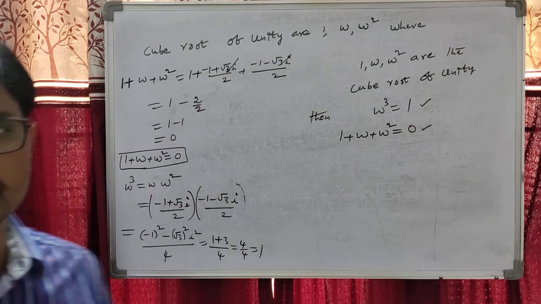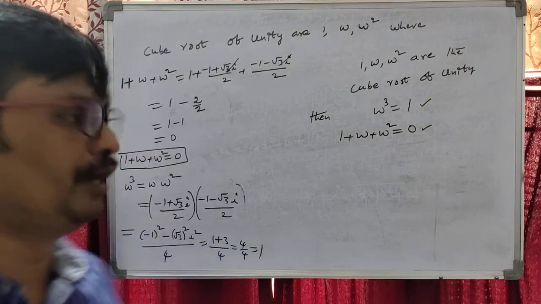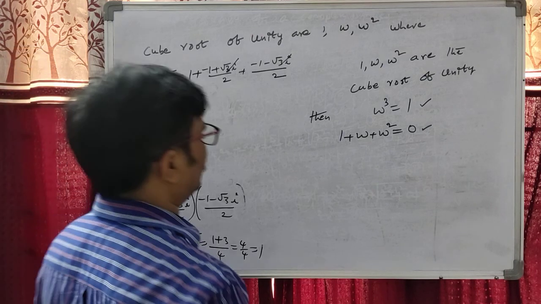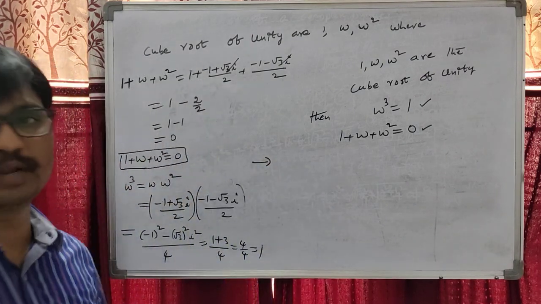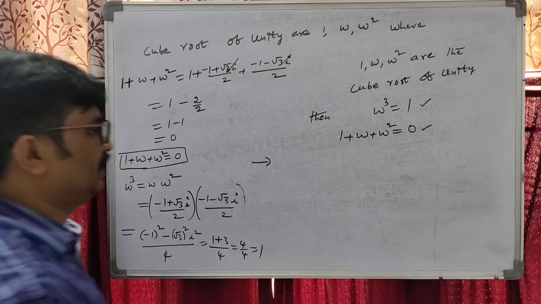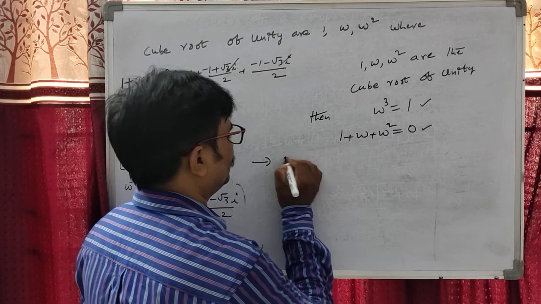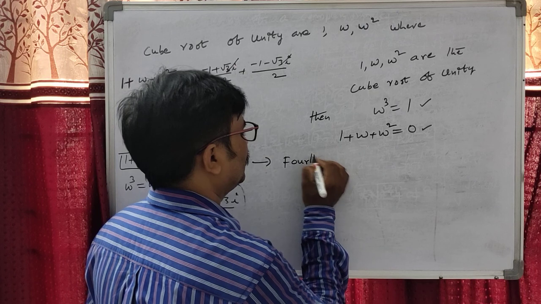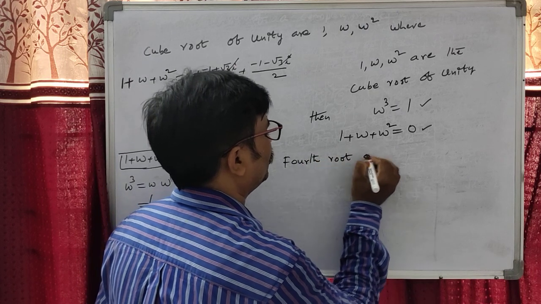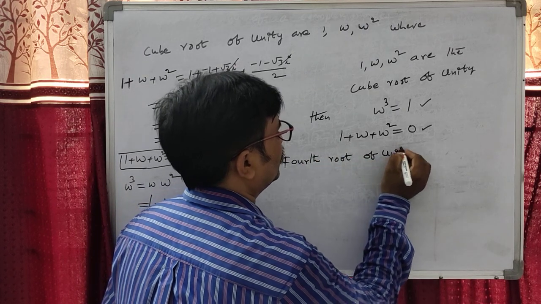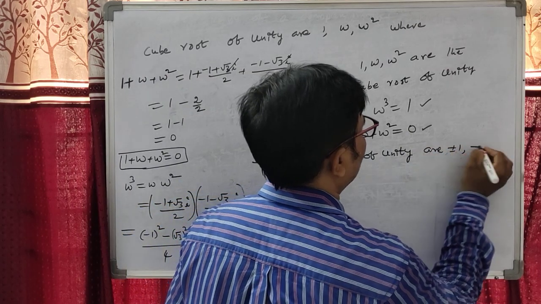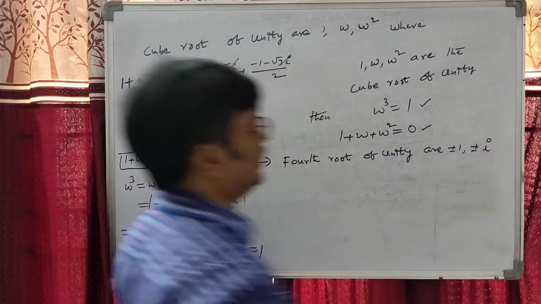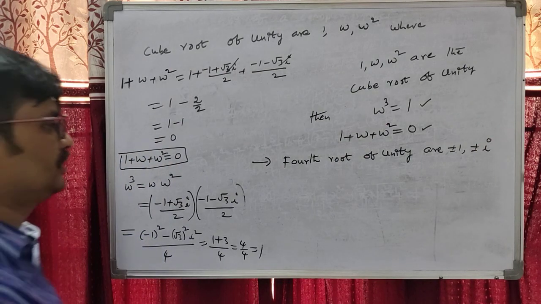Okay students, now the fourth root of unity. The fourth roots of unity are plus or minus 1 and plus or minus i. How do we get this?